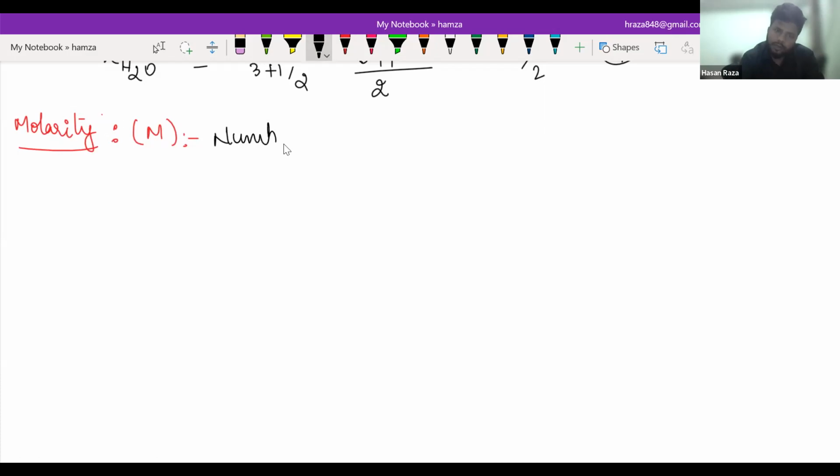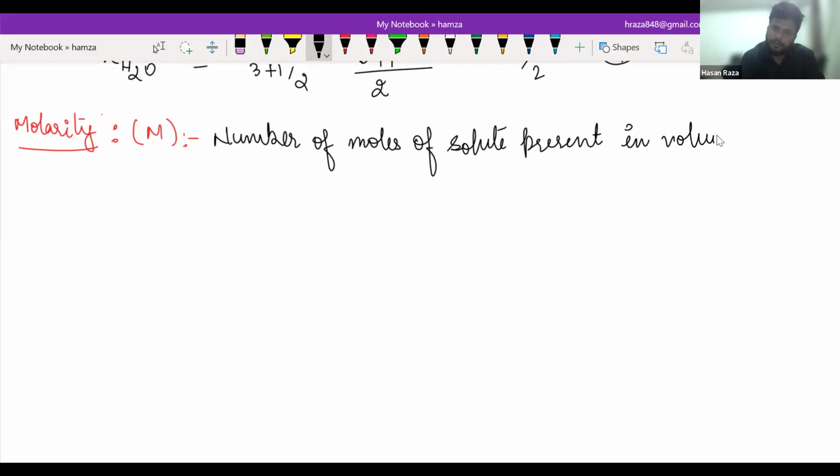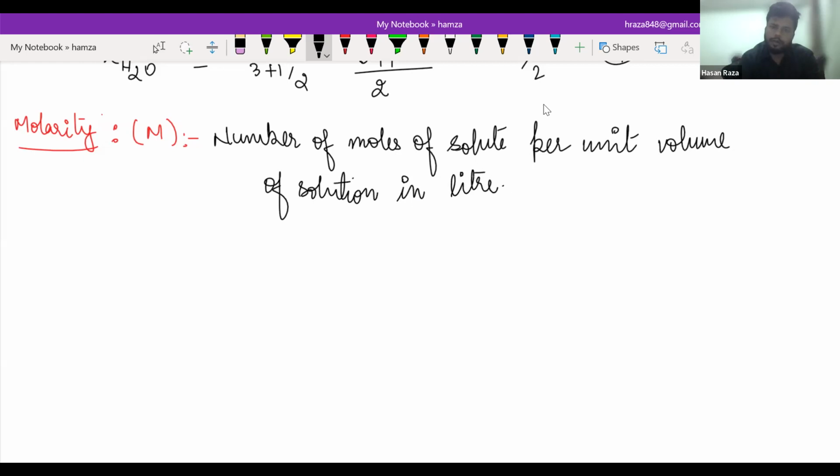Basically, what it is: number of moles of solute per unit volume of solution, per unit volume of solution in liters.